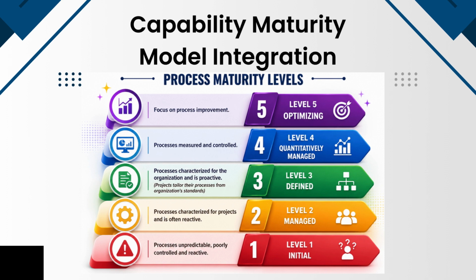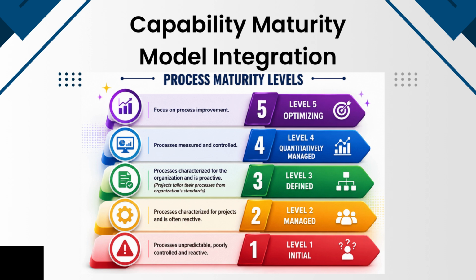Alright, now let's look at the 5 levels of the Process Maturity Model in the Capability Maturity Model Integration, or CMMI. Each level represents the maturity of an organization's processes. As the maturity level increases, the organization's processes become more organized, effective, and continuously improved. Level 1, Initial.